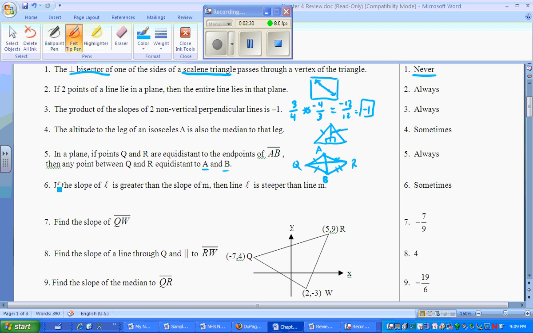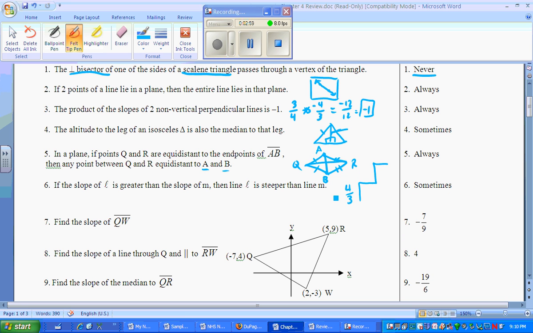And last but not least, if the slope of a line is greater than the slope of m, then the line is steeper than the slope m. Well, that only works if the slope of line L is greater than that. So what we're saying is if you have a slope of 4/3, you go up 4/3, up 4/3, up 4/3.